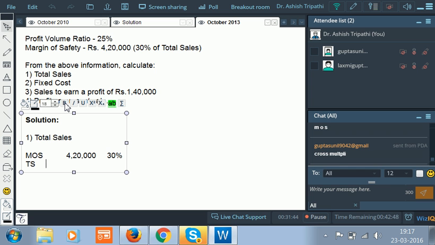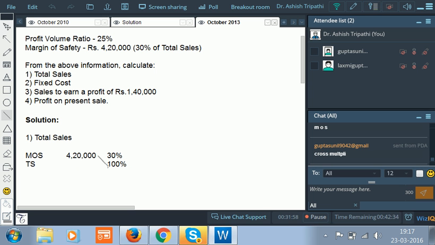So if you want total sales, TS indicates total sales, then we'll have to assume total sales as 100%. You will have to do the cross multiplication. So if you do the cross multiplication, you will be able to get the total sales. We'll have to actually calculate. So calculate and see how much you're getting.